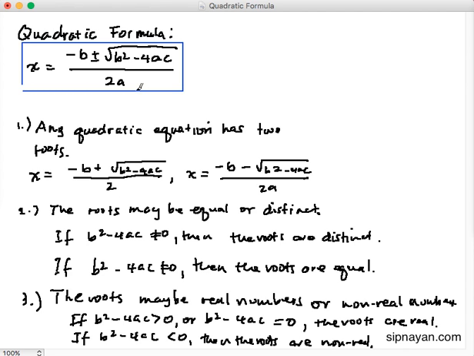And lastly, number 4, we have if the roots are real numbers, they may be rational or irrational.